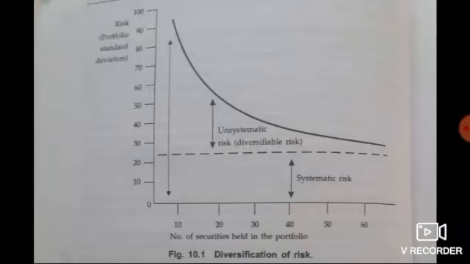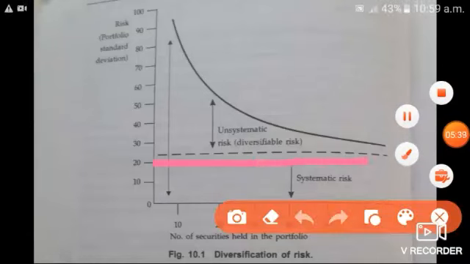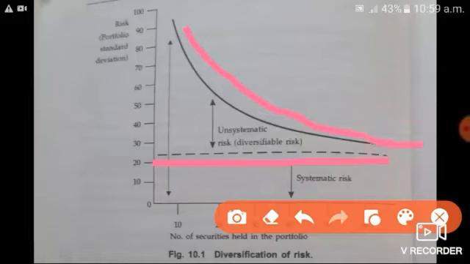But at a particular level, that is, at the systematic risk level, the risk is not falling beyond that. The risk continues at that level. Beyond that level, the systematic risk will be prevalent in the portfolio and the unsystematic risk will be eliminated.